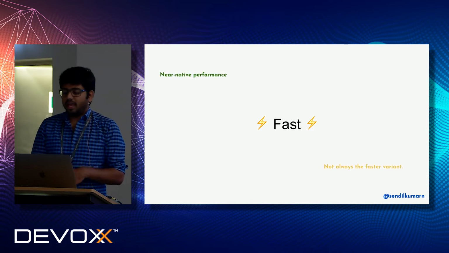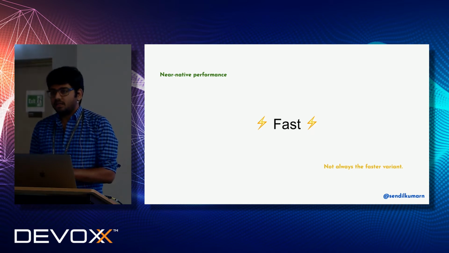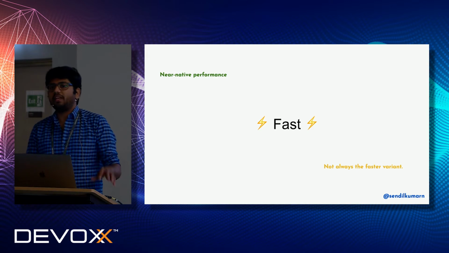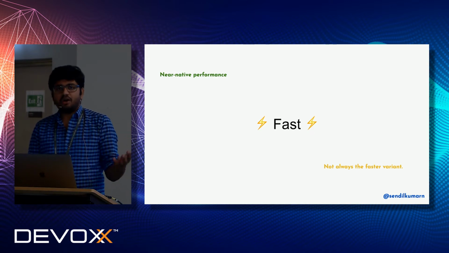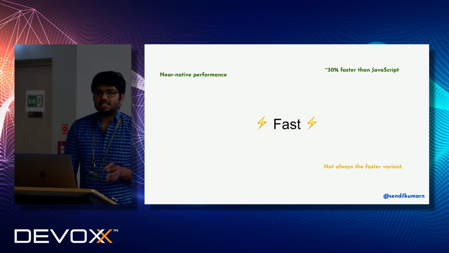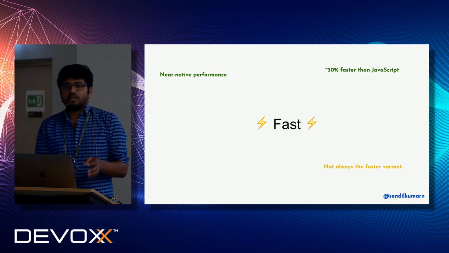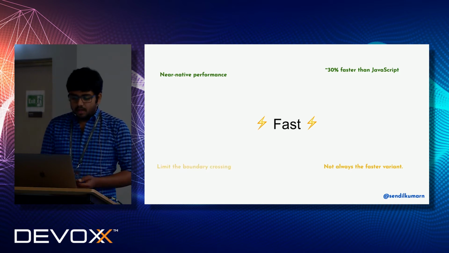That's what. And it's not always fast. Sometimes WebAssembly code might give you very low performance. You have to judge the use cases in which you are going to use WebAssembly, because JavaScript is really, really fast. It's 30% faster than JavaScript. At times, you can get even more than 30%. At times, you can get much less, like 10 to 15%.